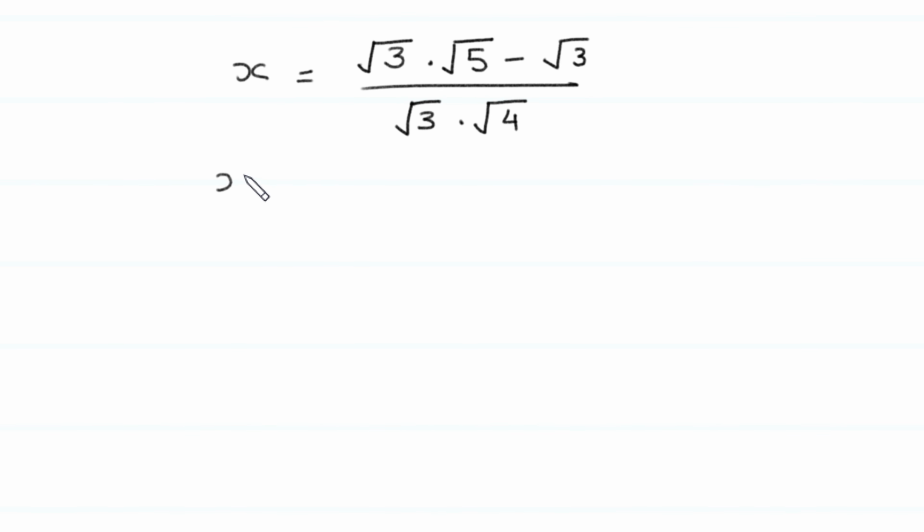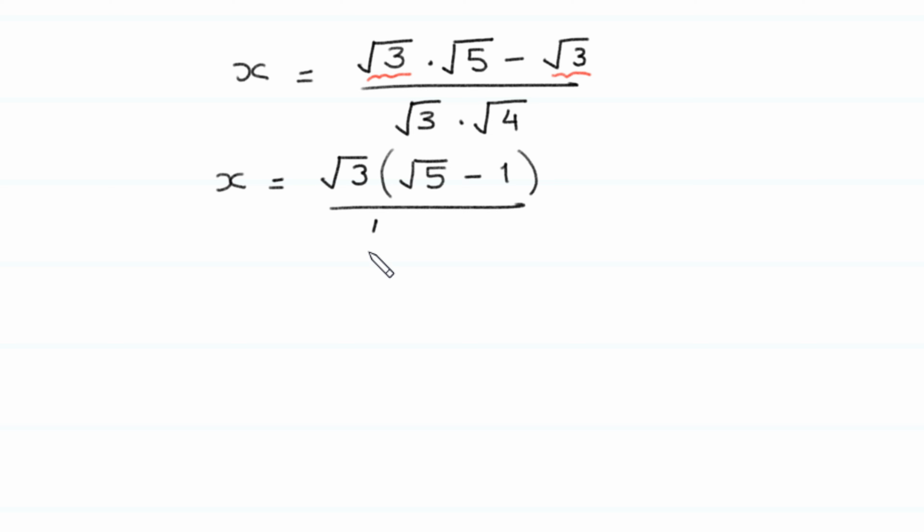Next, x is equal to, now from here we can factor out this square root of 3 as a common factor, and in bracket left square root of 5 minus 1, divided by square root of 3 times, this square root of 4 is equal to 2.